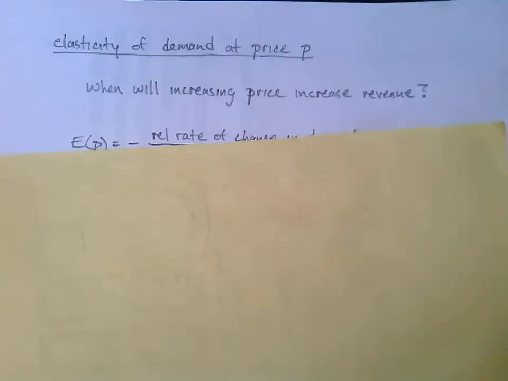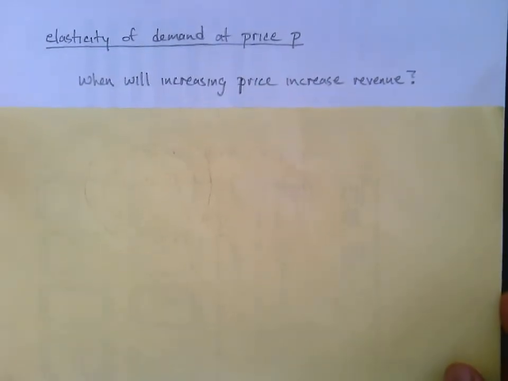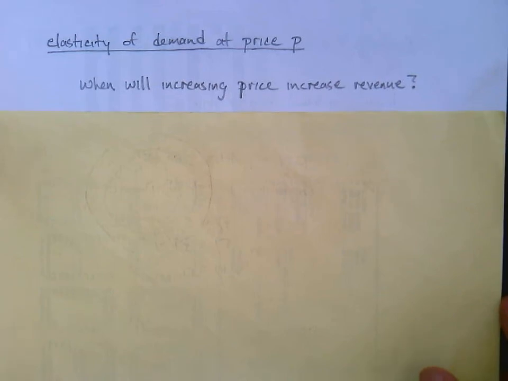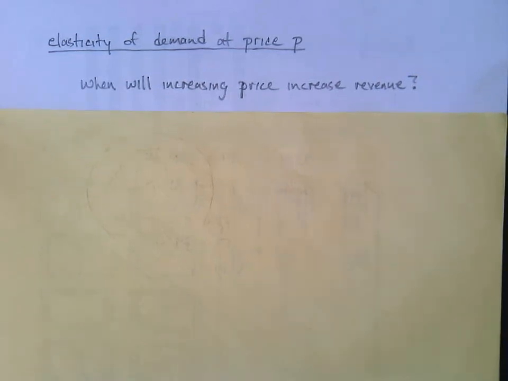Let's get into elasticity of demand. We've got this idea of relative rate of change behind us, and so we can move forward. The elasticity of demand at price P. So here's the motivation for studying this and where it came from.